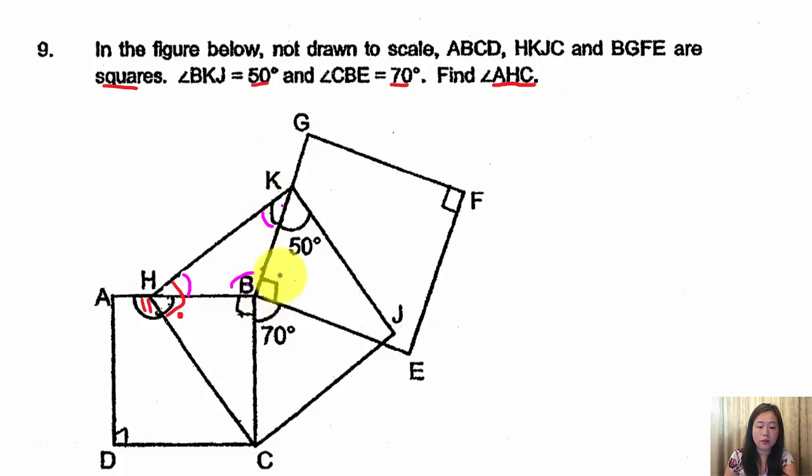So one of the angles that we know is that this is 90 degrees because they are at the corner of a square, and this is also 90 degrees.